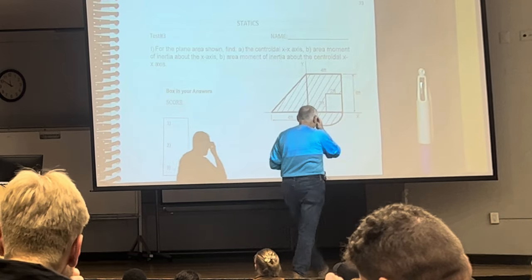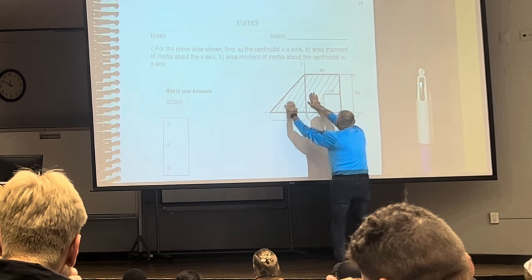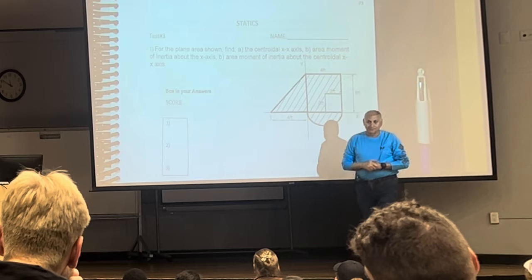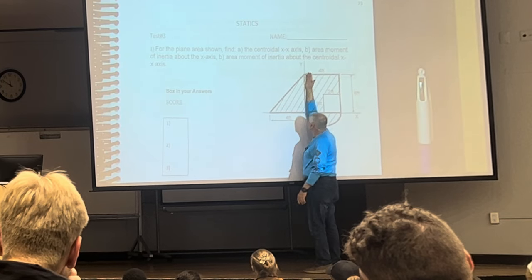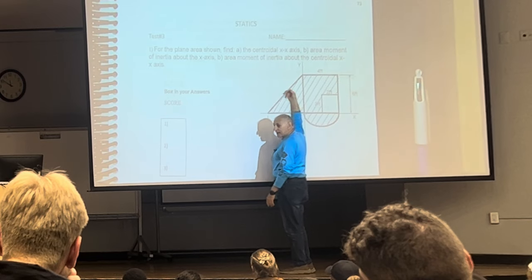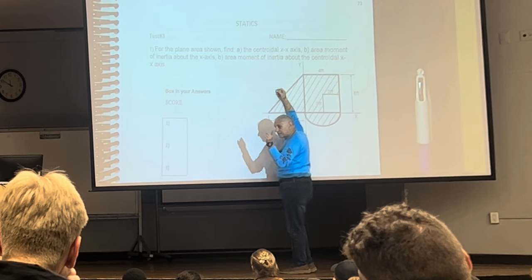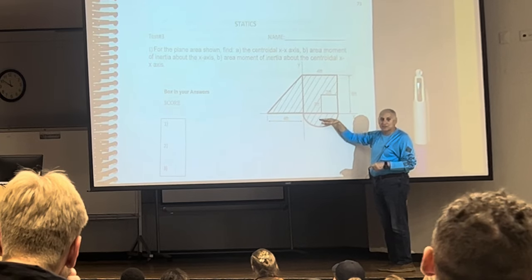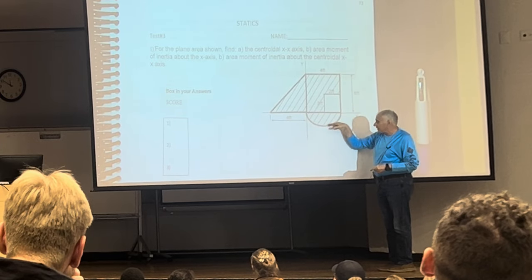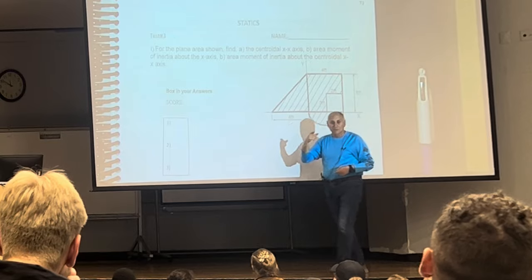Except now in the test, you've got 1, 2, 3, 4 pieces. And I have a piece to the left, which means my X bar here is going to be negative. And I have a piece down from the y-axis, which means my y bar for this is going to be negative.